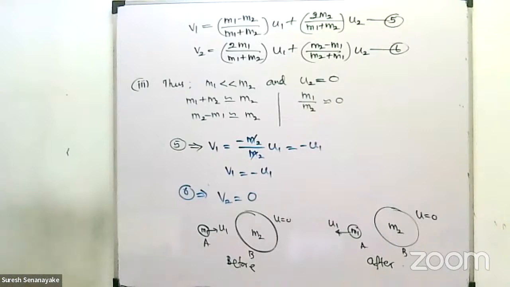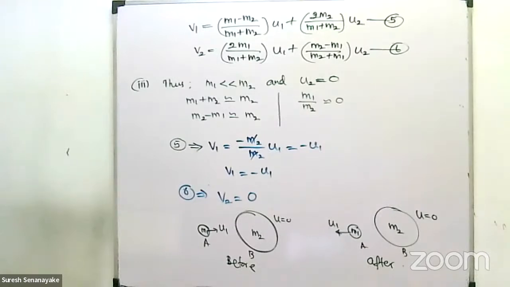Okay, then write the fourth special case, the other way. That's when a massive body collides with a light body at rest. So write the fourth one: when a massive body collides with the light body at rest.